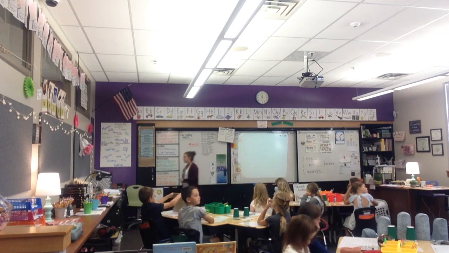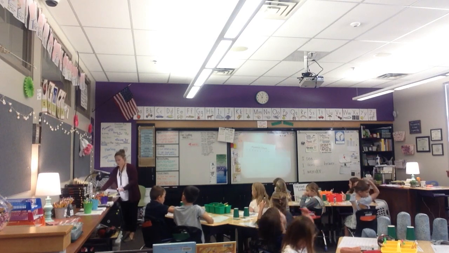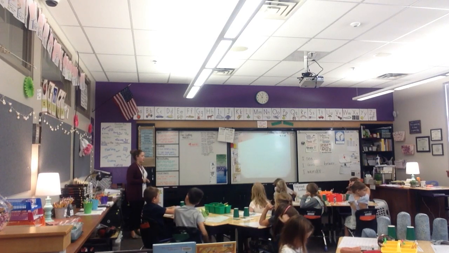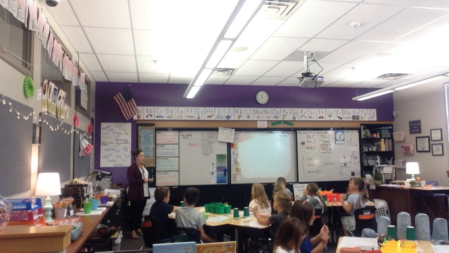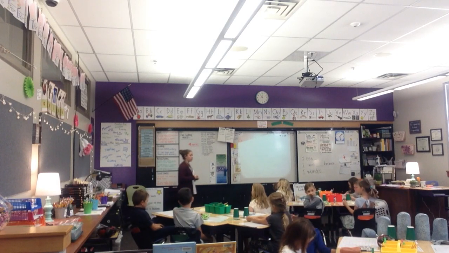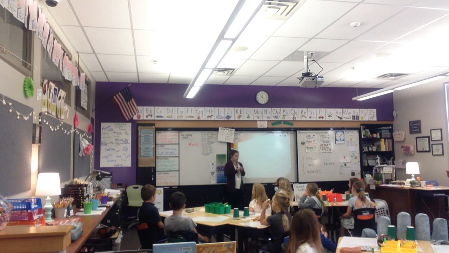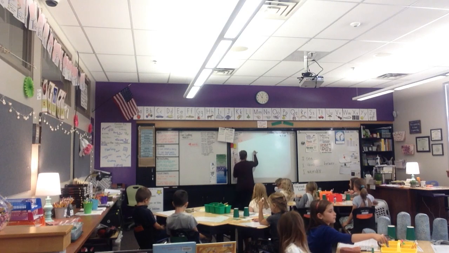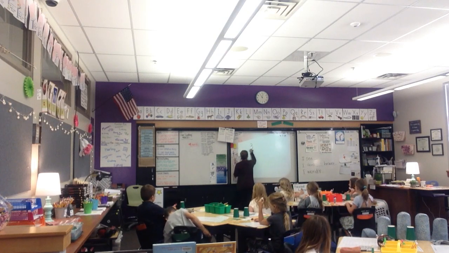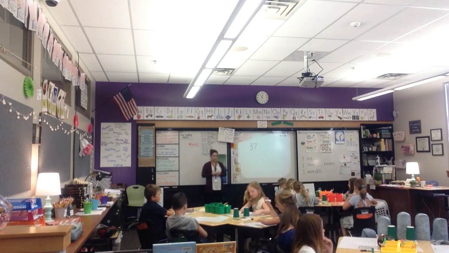Okay, so we're going to practice writing just a few numbers to see if you understand how the rectangles with the 10, how the quick 10s work, okay? So I want you to draw with your quick 10s this number. 37.